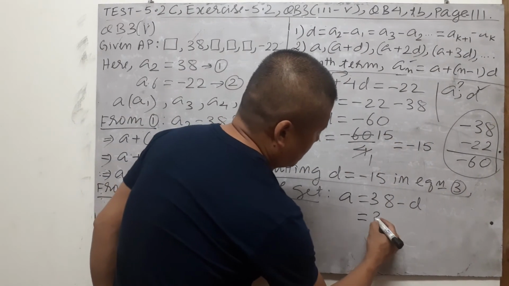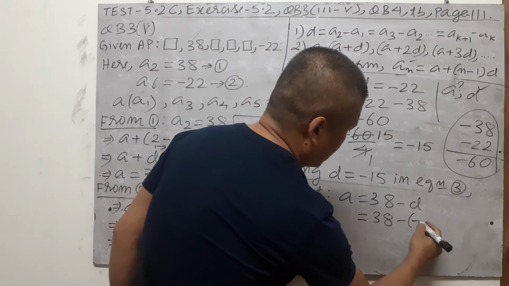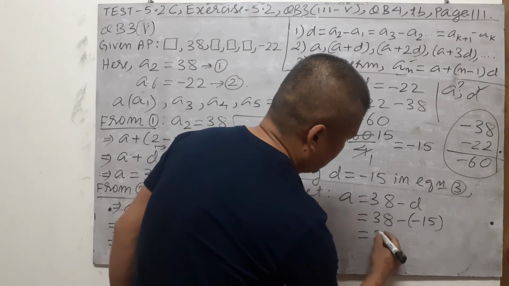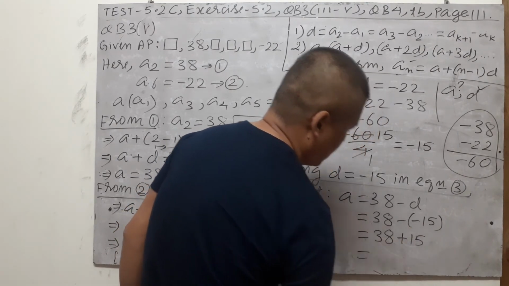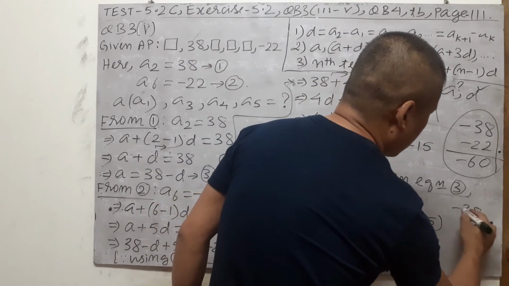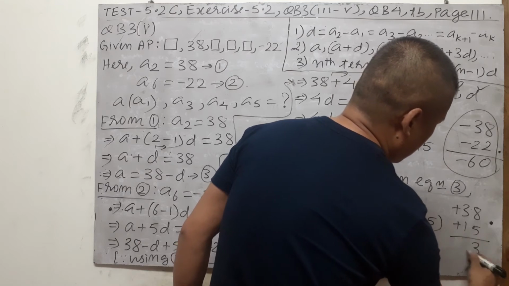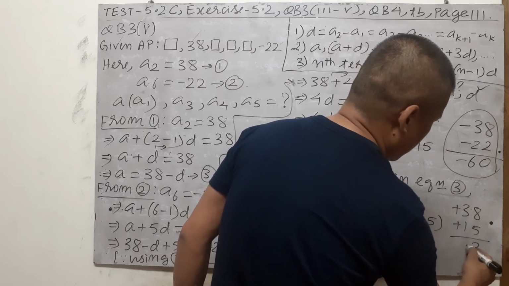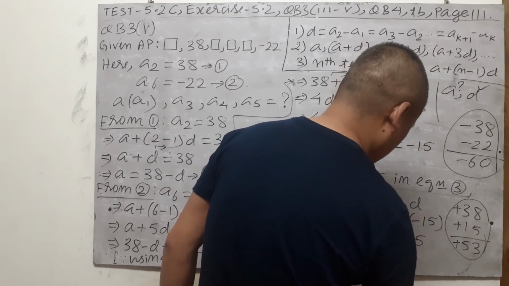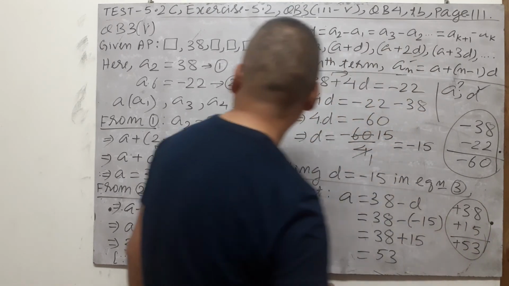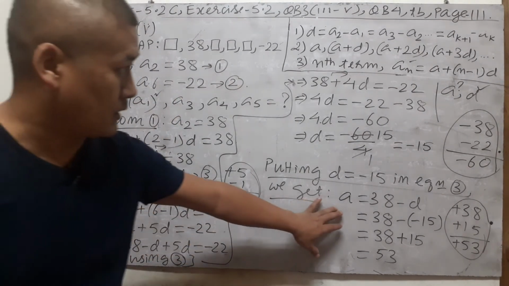Then 38 minus d, here again minus, so minus 15, which is 38 minus minus, plus 15. So a is 38, no sign means plus, 15 is plus, so both are plus, means add. 8 plus 5 is 13, 1 in hand, 3, 4 plus 1 remainder. So plus 53 is the value of a or a1. So we have found it out. A is there now.